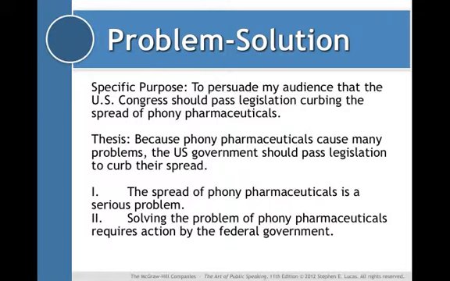And in the second main point, you present a plan for solving the problem and demonstrate its practicality. Here, the speaker says the federal government should take action, and in that main point, they would detail exactly what actions need to be taken. So again, problem solution, very cut and dried. First main point expressing the problem, second main point dealing with the solution to that problem.